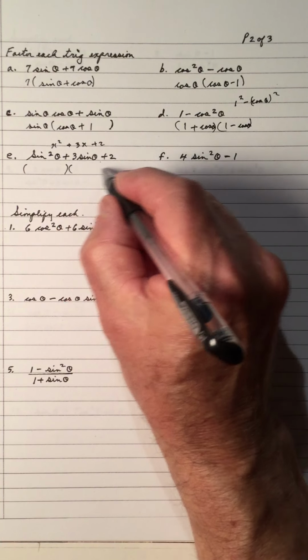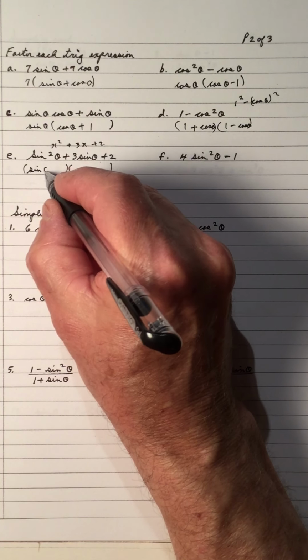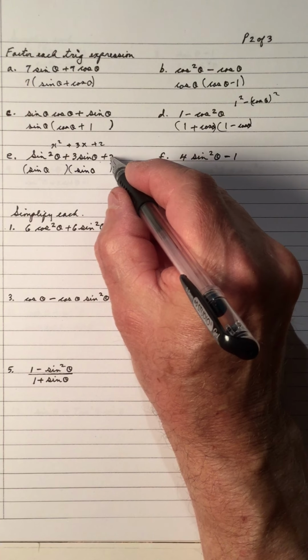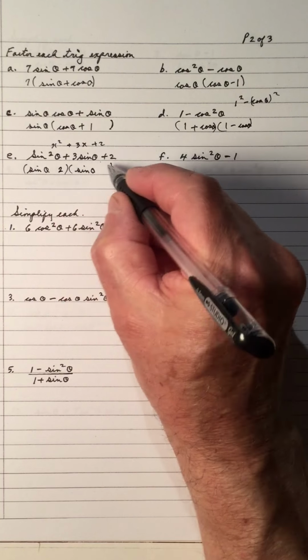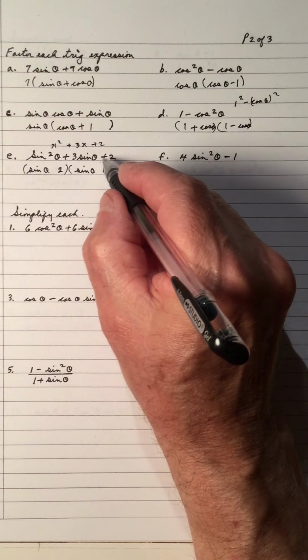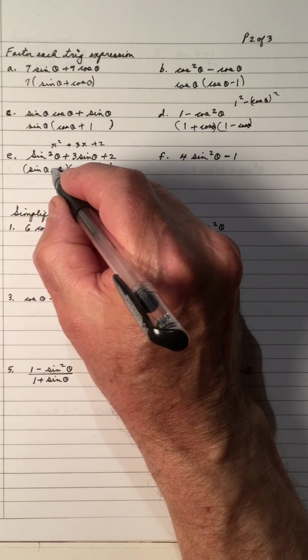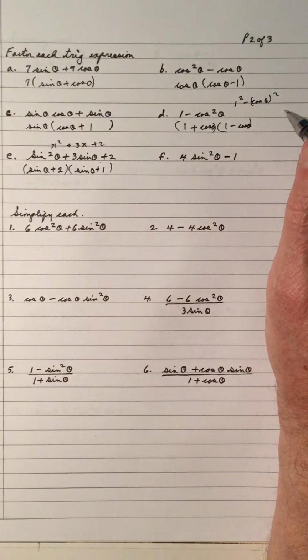So to get sine squared, we have to have sine theta times sine theta. The product is plus 2, so there has to be the factors of 2 and 1. And when you add the 2 and the 1 together, you get a plus 3. So the product is positive, sum is positive, so it's a positive 2, positive 1 factorization.